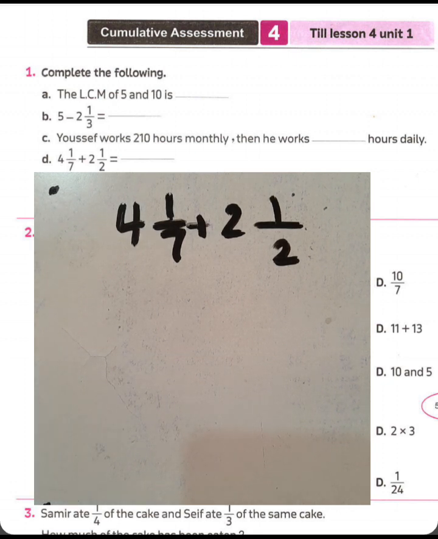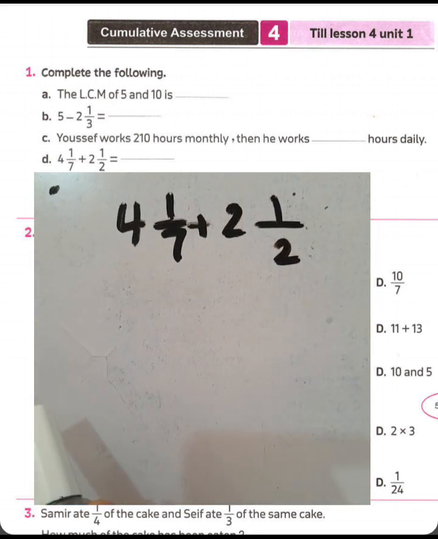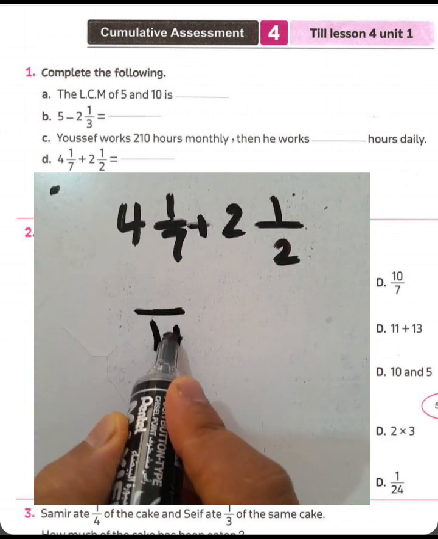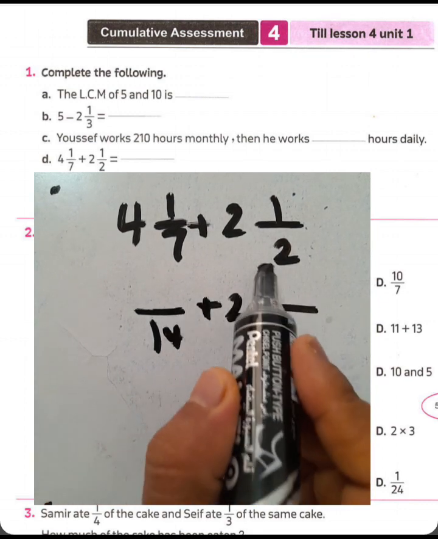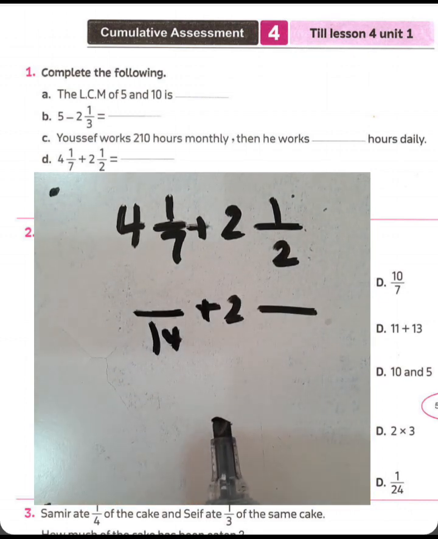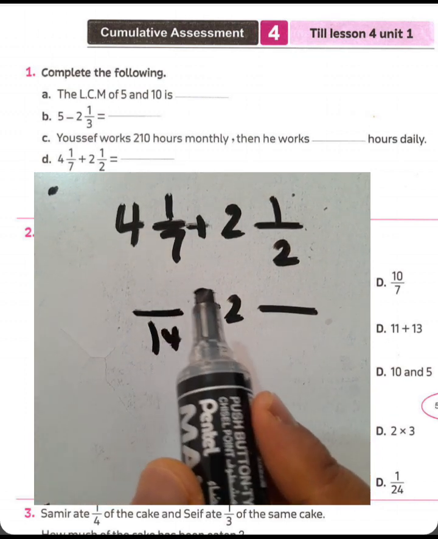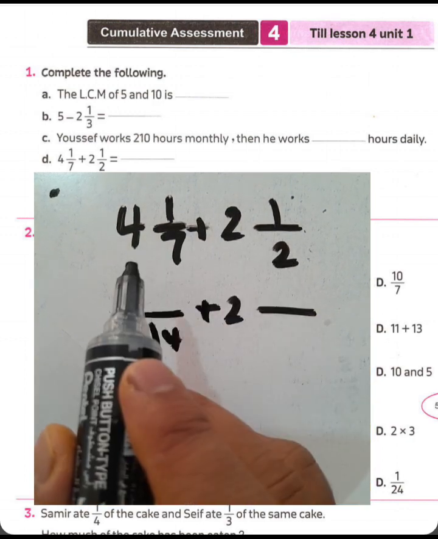Then the least common multiple between them, 7 and 2, will be 14. You can write 14 here in the denominator. 7 times 2 equals 14. Why? Because 2 and 7 are prime numbers. We know a prime number has only 2 factors: it can be divided by itself and 1. 2 and 7 are prime numbers.